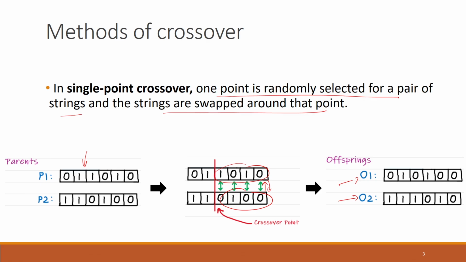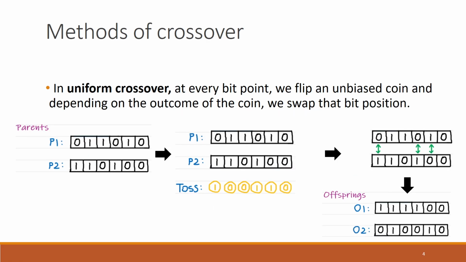Single point crossover is one extreme end of the crossover types. Another category of crossover is called uniform crossover. Here at every bit position we flip an unbiased coin, and depending on the outcome of the coin we swap that bit position. There are 6 bits here, so we will be tossing the coin 6 times.